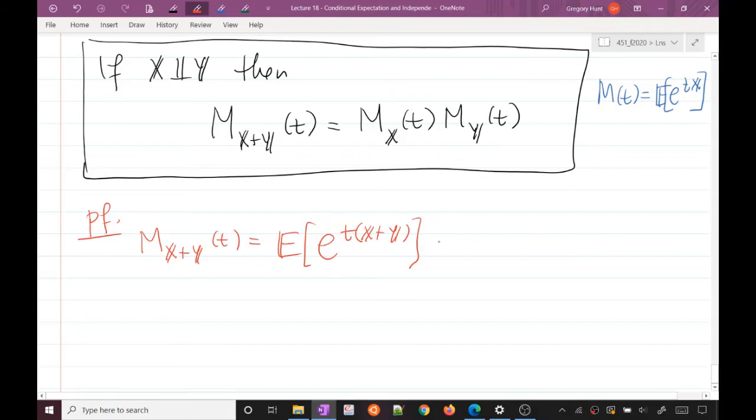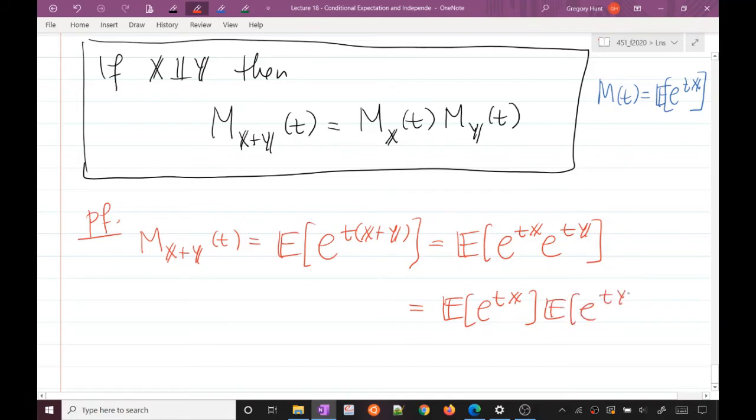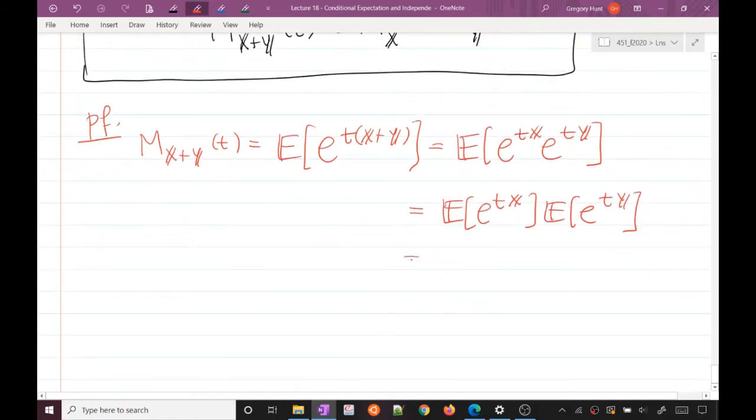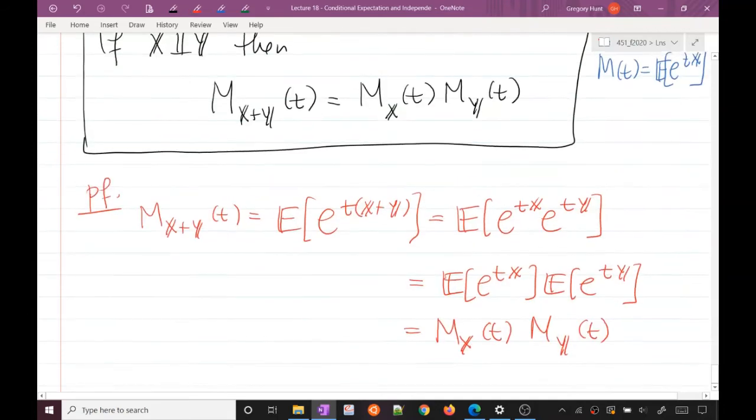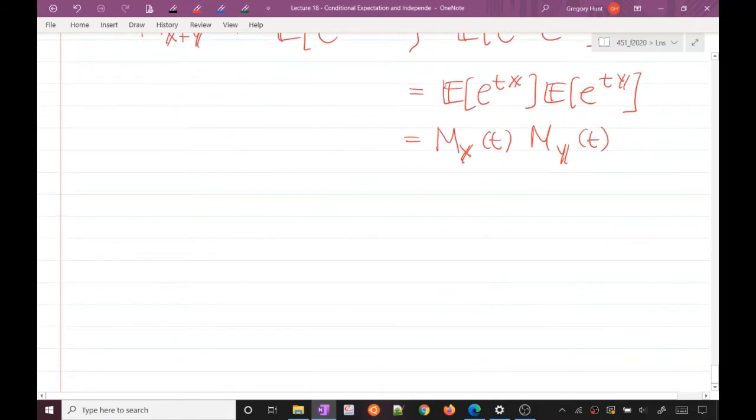But I can exploit my properties of exponents, and this is the expected value of e to the tx times e to the ty. And by independence, I'm allowed to break this into the product: expected value of e to the tx times the expected value of e to the ty, which of course is just the MGF of x at t times the MGF of y at t. So that's really cute.